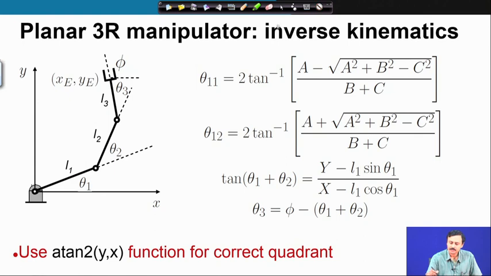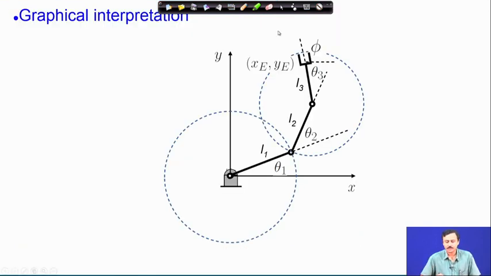So, let us now understand the solution graphically. Here remember that x e, y e and phi, these are specified. Once these three things are specified, this link gets completely fixed.